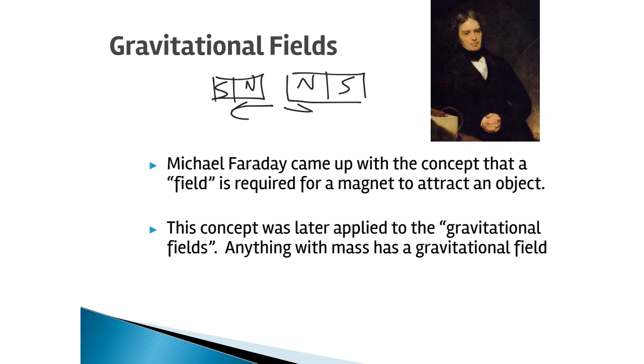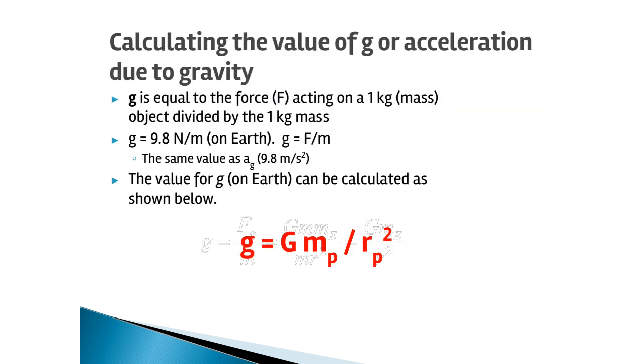And if you sprinkle iron filings around the magnets, then you'll see the effect of the field forces that are being produced by the magnet. That concept of the magnetic field was applied to gravitational fields, and so anything with a mass has a gravitational field that we can talk about and calculate and describe.